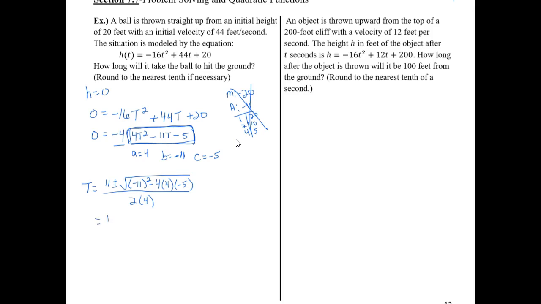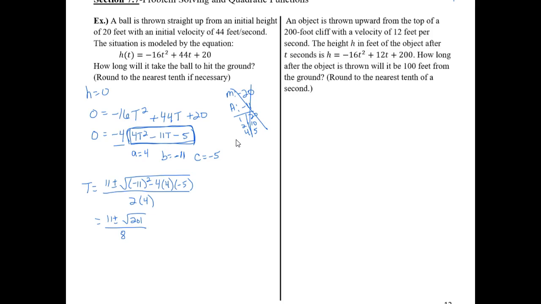Simplify what's under that radical. So 11 times 11 is 121. And negative 4 times negative 5 is going to be positive 80. So 121 plus 80 is going to be 201 under the radical. And then 2 times 4 is 8 in the denominator.